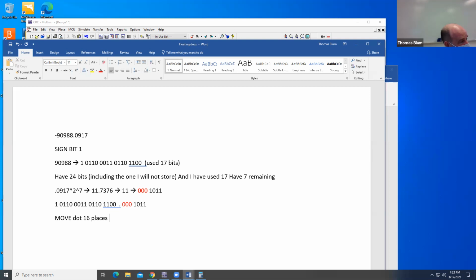I'm making the front number smaller, so I've got to make the power of 2 bigger. And so what do I end up with? I'm going to take this. I'm going to have a dot here. Get rid of the dot there. And then to compensate, I'm going to multiply by 2 raised to the 16. I moved the dot 16 places.